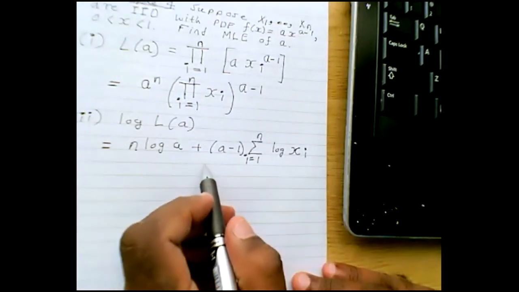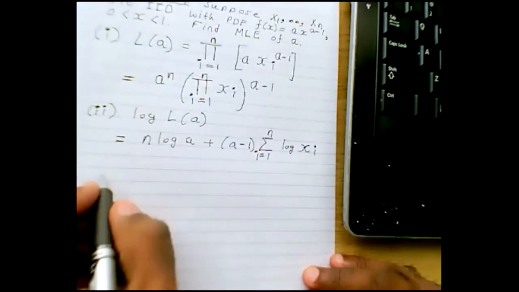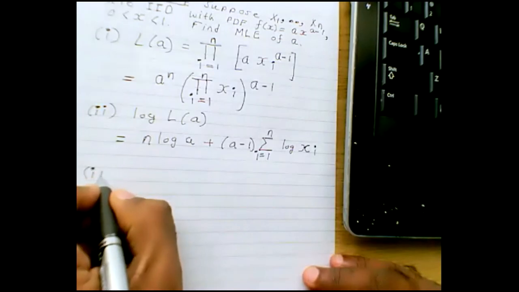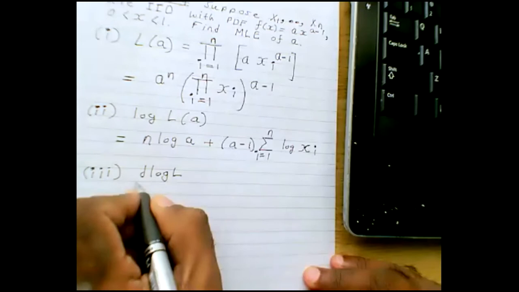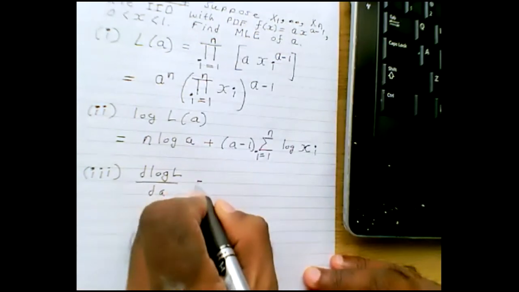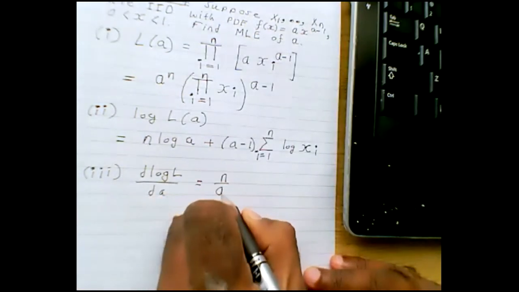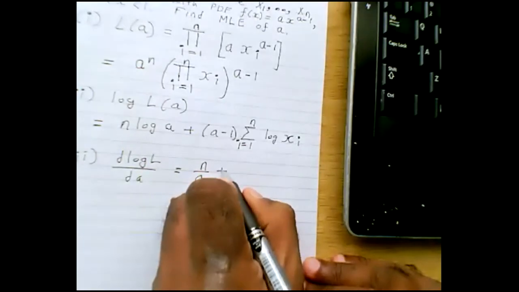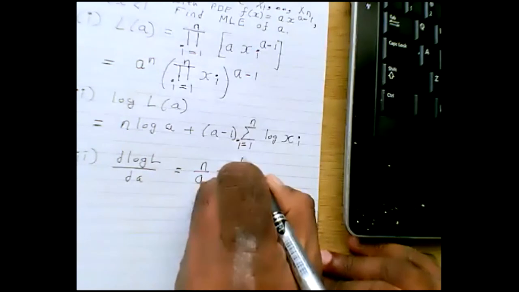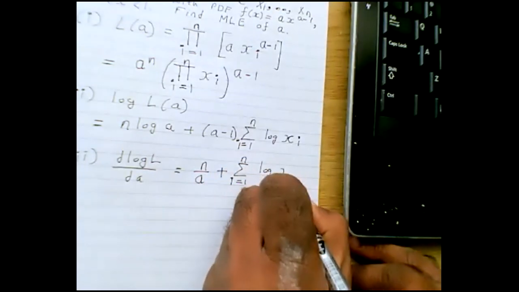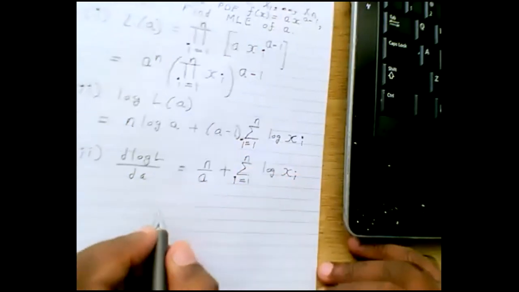Okay, so this is the log likelihood. And step 3 is to take the derivative with respect to a. So you get n divided by a plus the sum of log of xi, right?